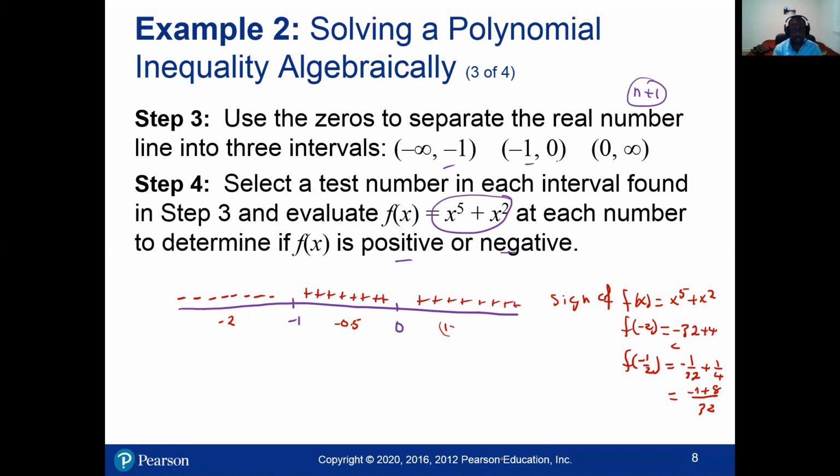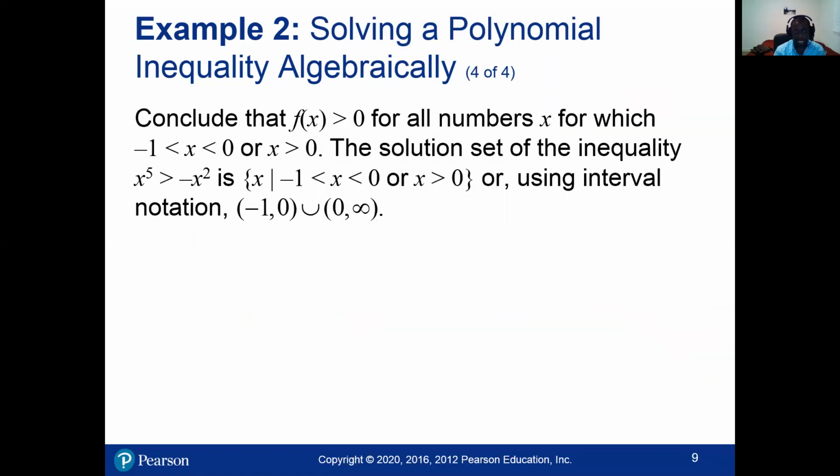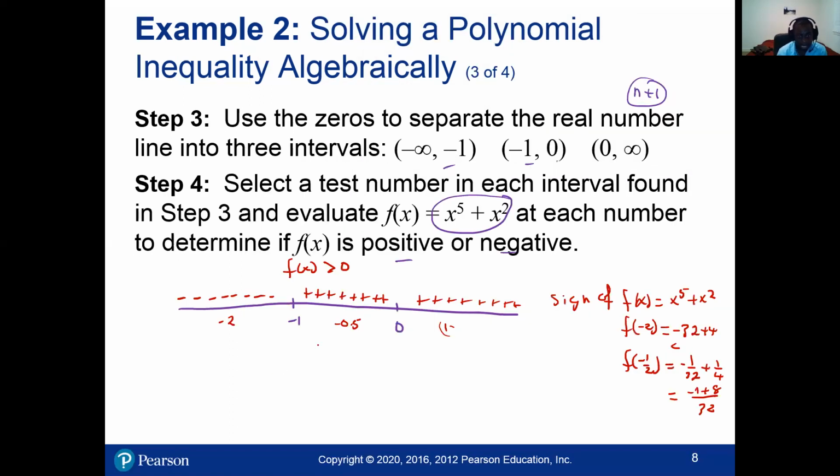Okay. So you see that we want to find where f of x is greater than 0. Remember, it was x to the 5th greater than negative x squared, originally, and then we simplify this into x to the 5th plus x squared greater than 0.